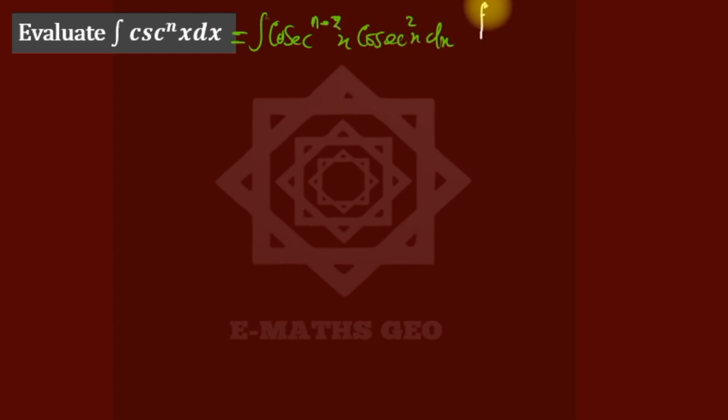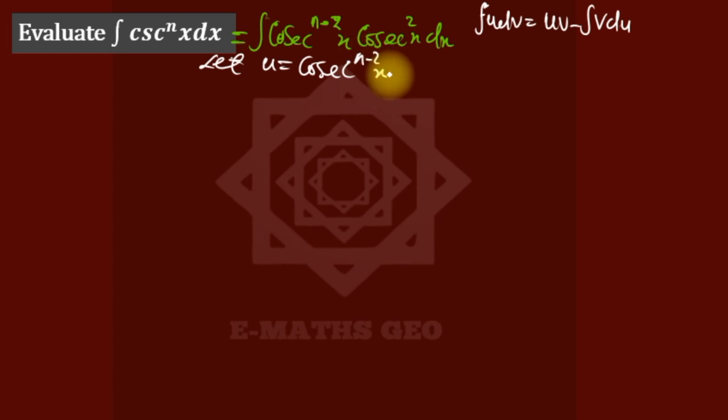If you remember, the integral of u dv is uv minus the integral of v du. In this case, we'll let u be cosec x raised to power n minus 2, and dv will be the remaining part, which is cosec squared x dx. So we can use these to get v and du.